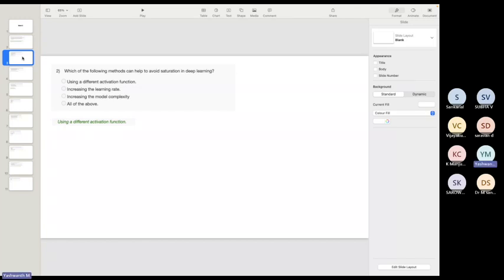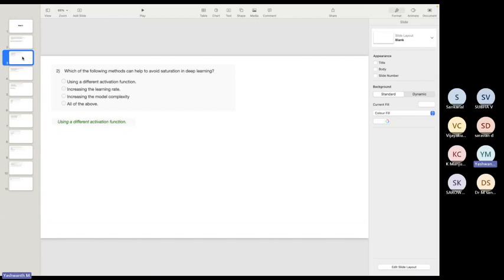For example, if you take sigmoid activations, it saturates when the input is high. Also, if you see the backprop of the sigmoid, it is a multiplication of sigma times 1 minus sigma.